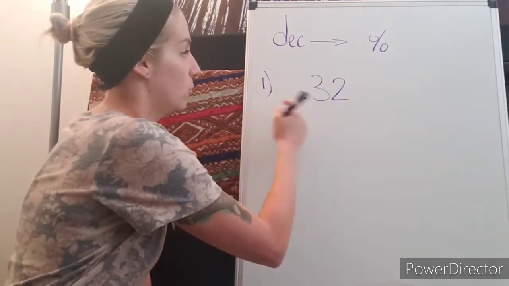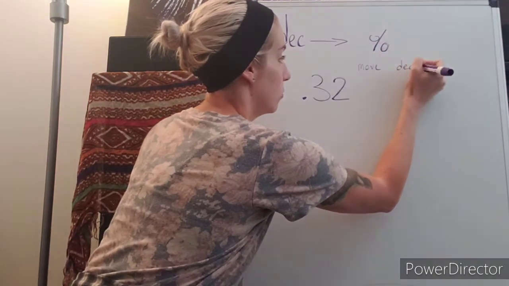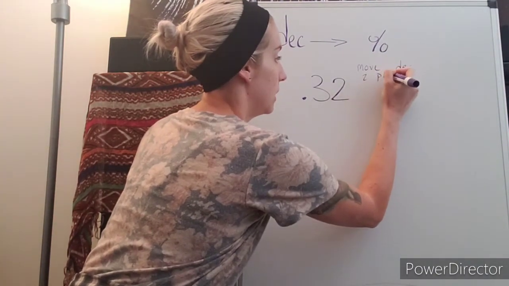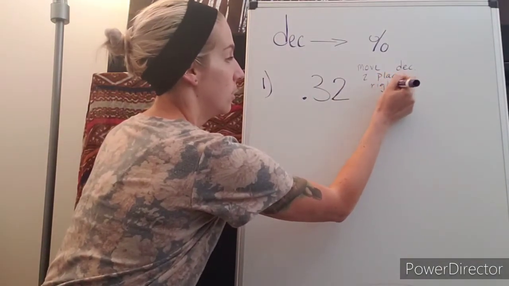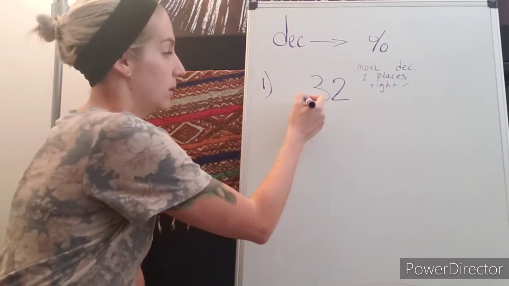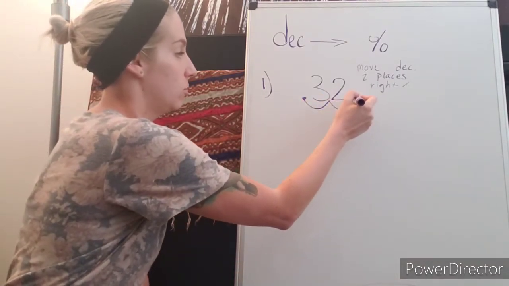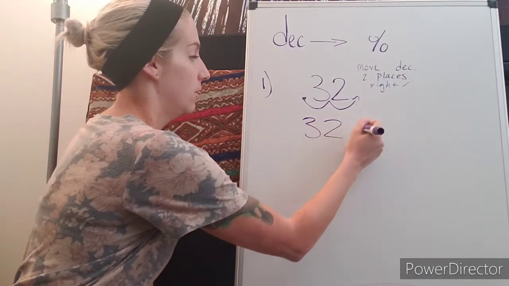So the first way is I can move my decimal 2 places to the right. So this is where I can mentally just be like, okay, here's my decimal. If I move it 2 places to the right, then 0.32 is going to become 32%.